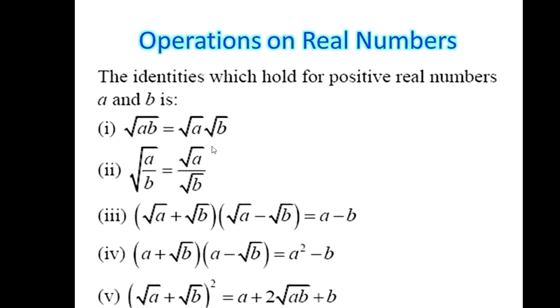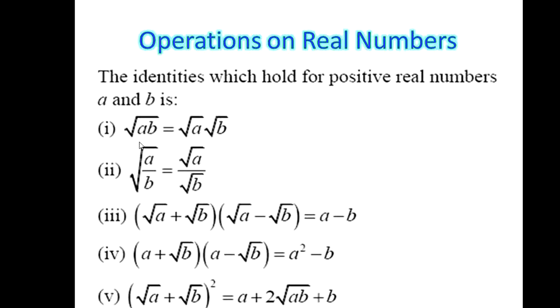That is what is called an identity. Identity means wherever it comes, it holds the same rule. So square root of a into b can be written as square root of a into square root of b. That is the first operation we are seeing here.